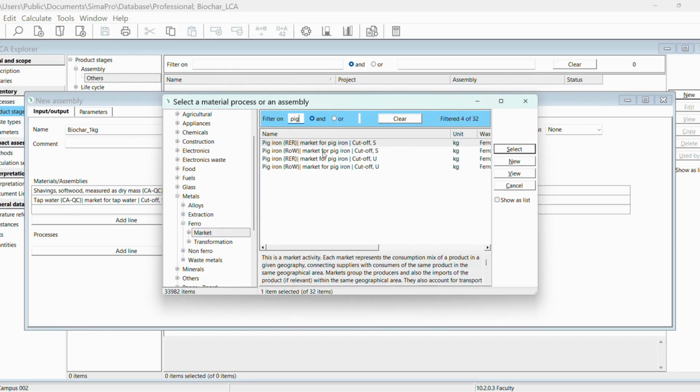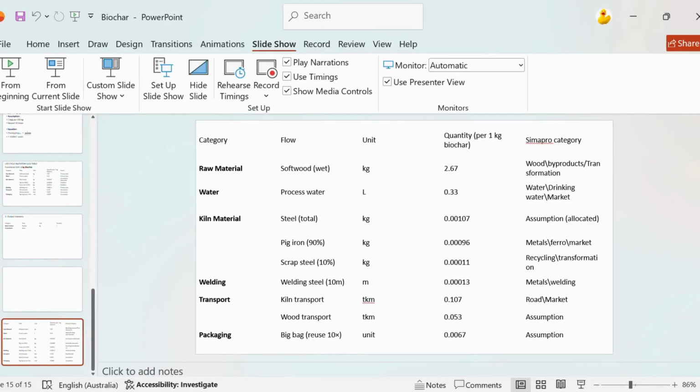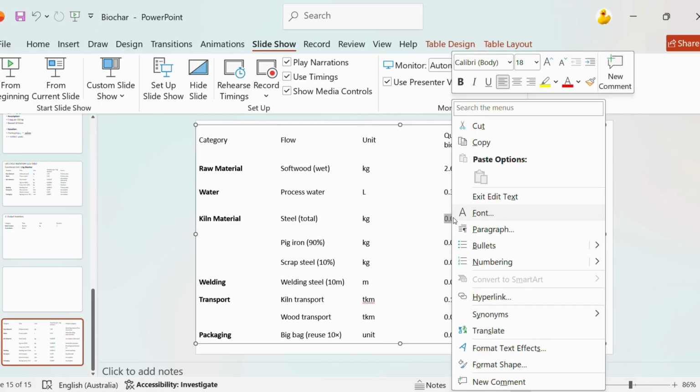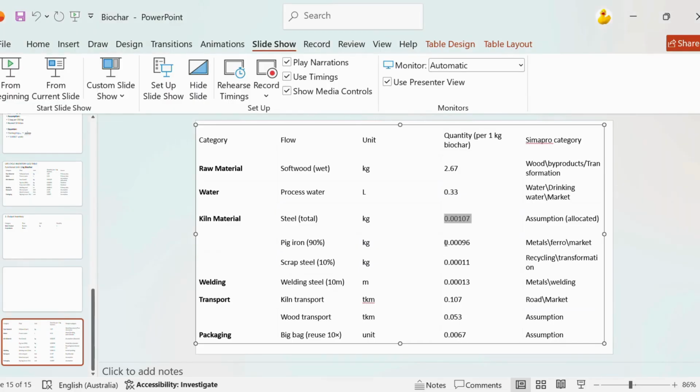Okay, pig iron, it may be a suitable category for our purpose. So total 0.00107, and plus this, plus this.